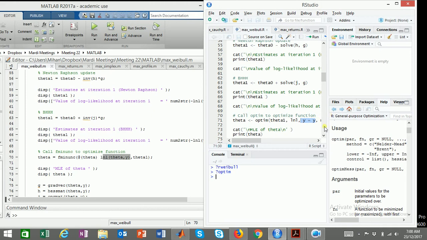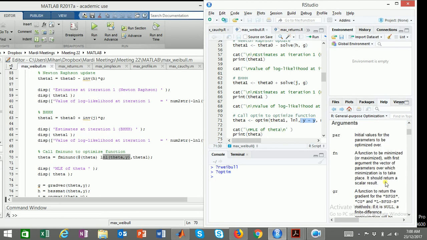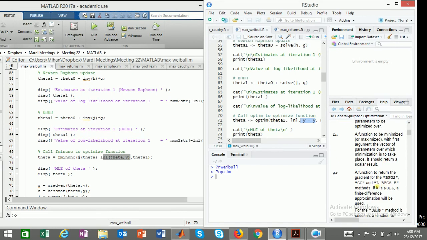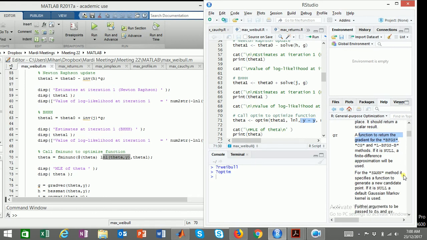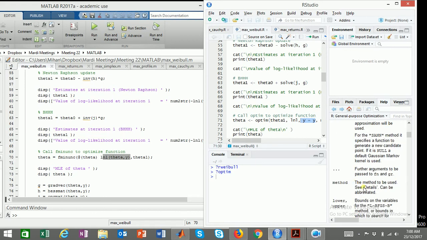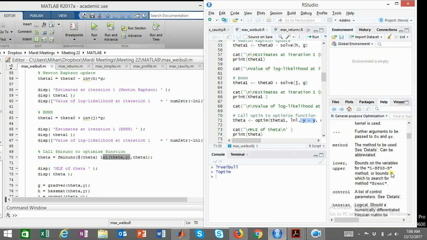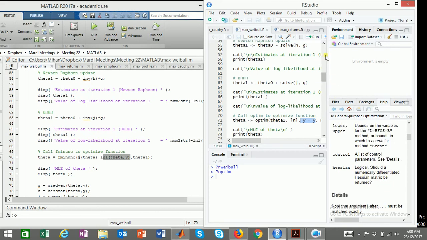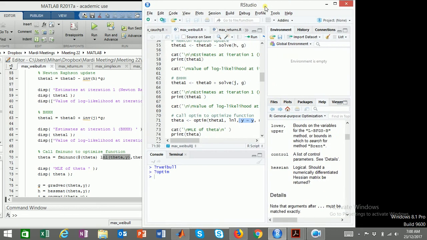Then a function to be minimized, a gradient function, a function to return the gradient for the BHHH model. Method, the method to be used, lower bound, upper bound, control, Hessian. All right, fine.